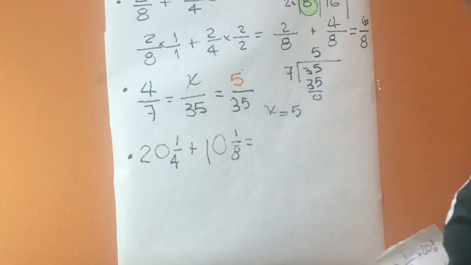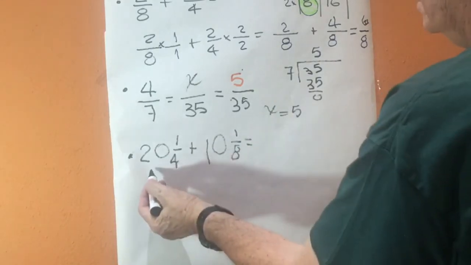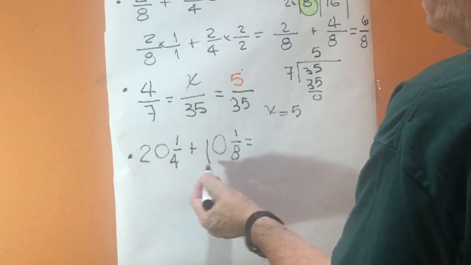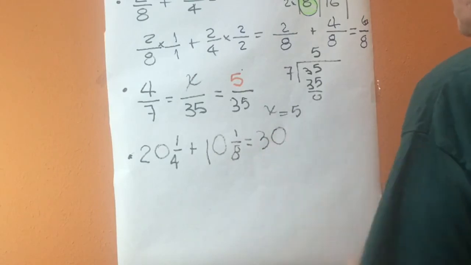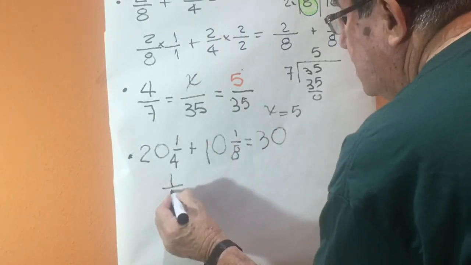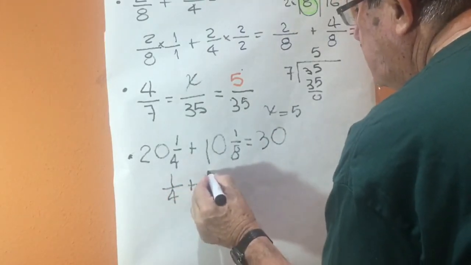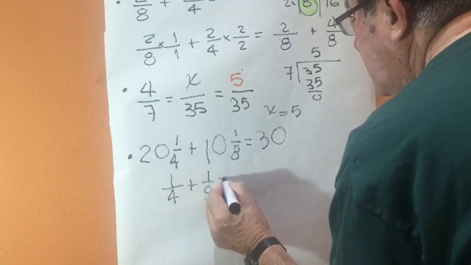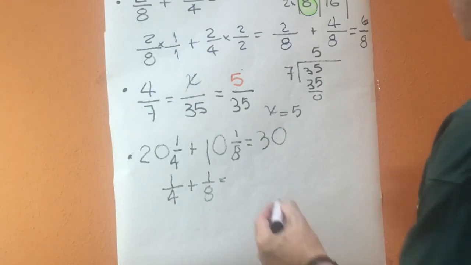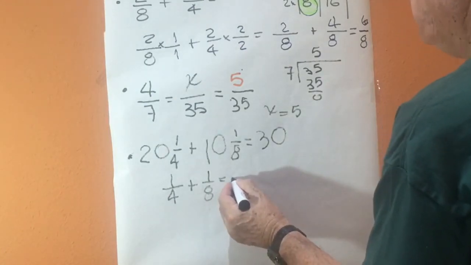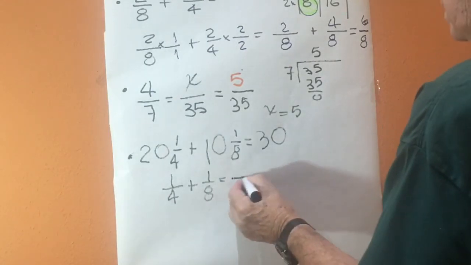Well, we do just the first addition will be the whole numbers. 20 plus 10 equals 30. And then I'll have to add 1/4 plus 1/8. From the last example, we say that our LCD is going to be 8.